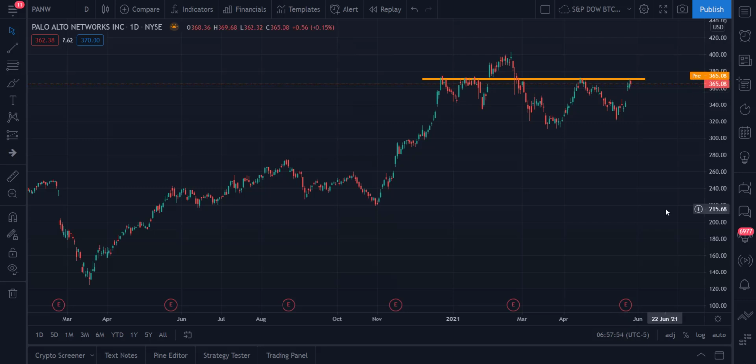So when you see areas that consistently seem to matter, you definitely have to draw a line there and say, wait a minute, this may actually be a longer term resistance, more resistance than I realize.